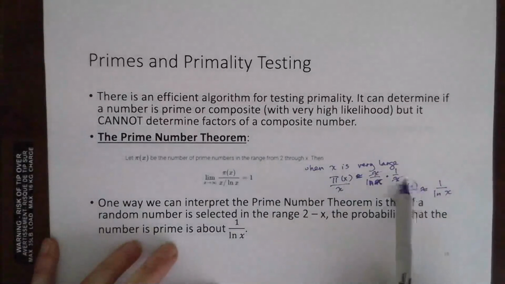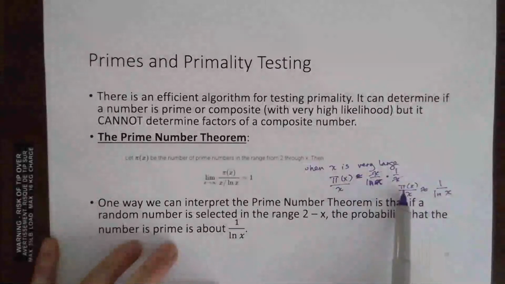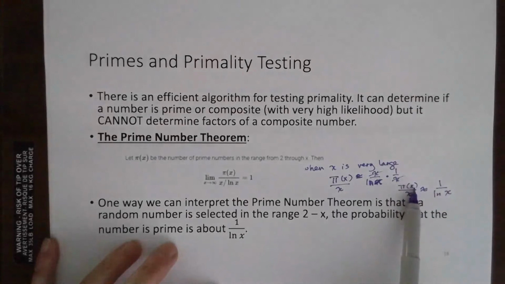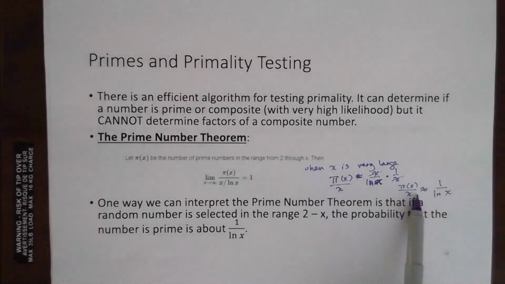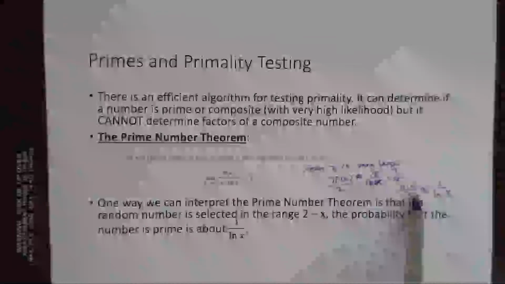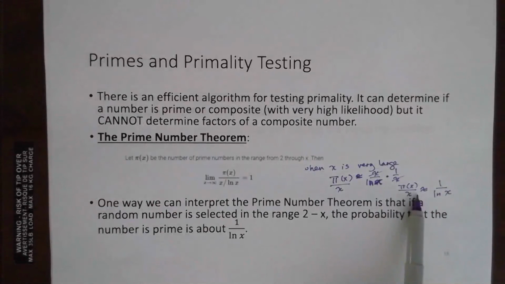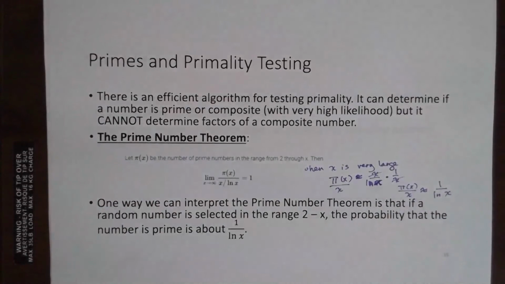If you look at this part right here, this is saying the number of prime numbers divided by the total number of numbers from 2 to x. So that is like the probability of finding a prime number in the first x numbers.